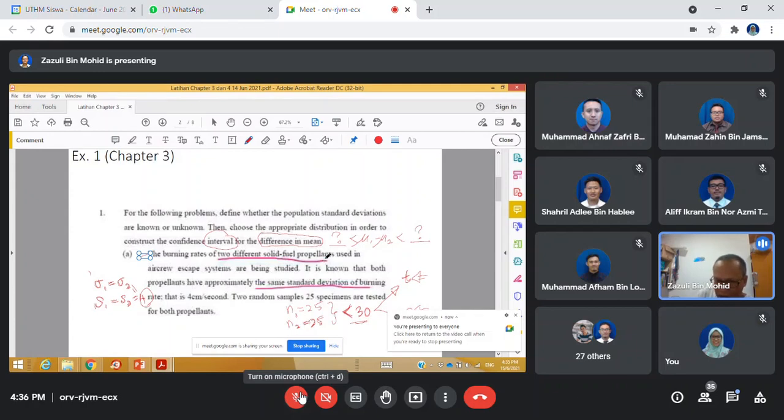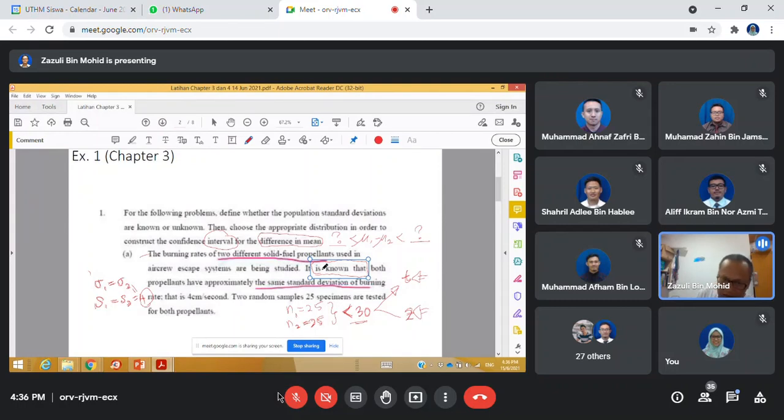Dia tak ada sebut sampel was studied. It is known that, ni masuk dia kalau dalam bahasa Inggeris sudah diketahui umum. Everybody know. It's like a common knowledge. Everybody know it, and it's a general statement.